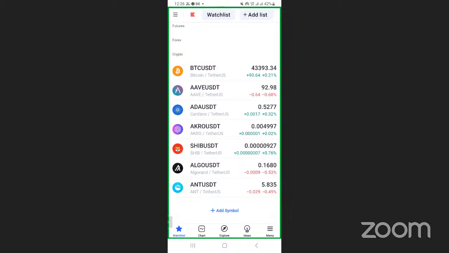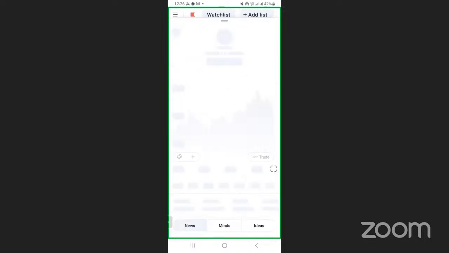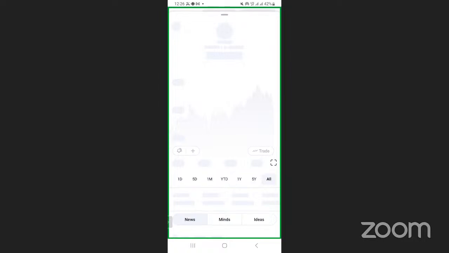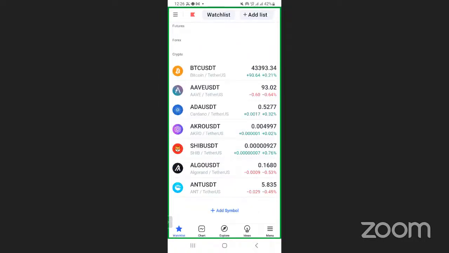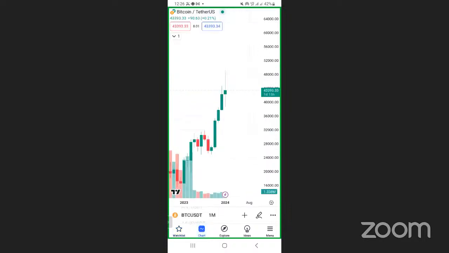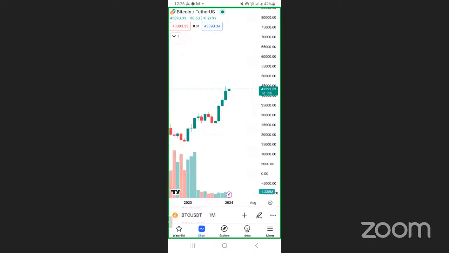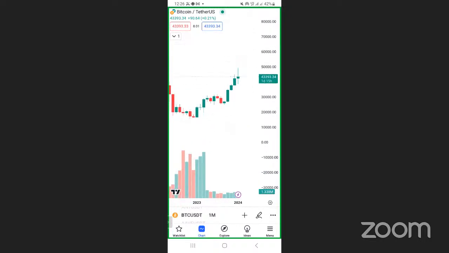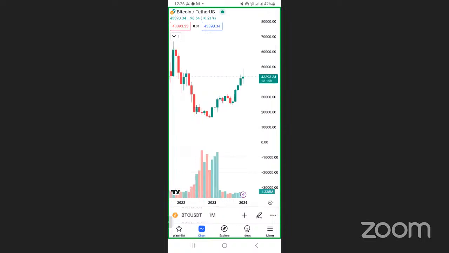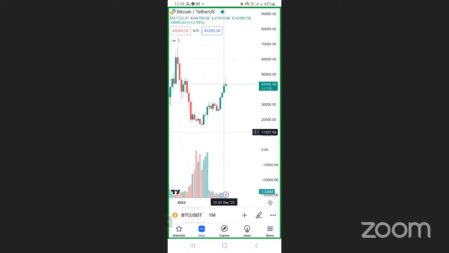Not only that, when I click on, let's say, Bitcoin and I'm seeing its chart, by this training I know what this candle means.